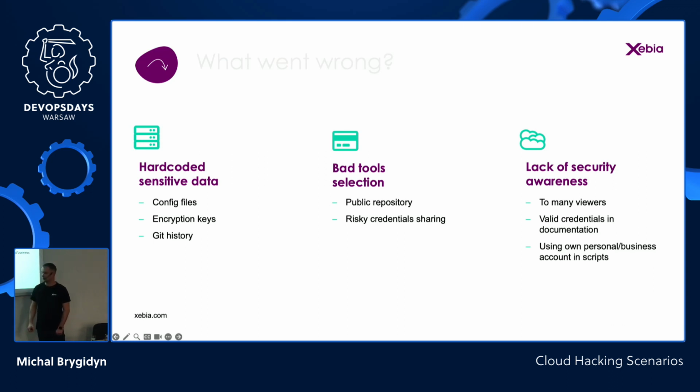But tool selection, why did they decide to use a public repository? It was a help desk team that decided to create a function that will automatically reply to all tickets, because they had some kind of SLA that they need to reply to each ticket in like 2 hours.